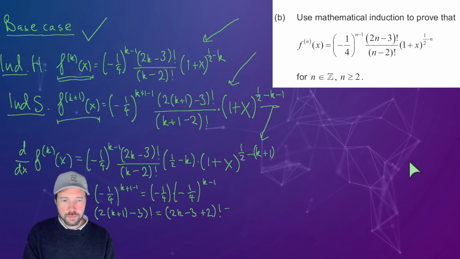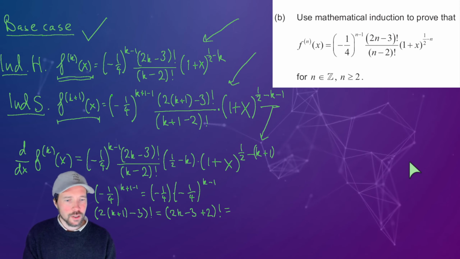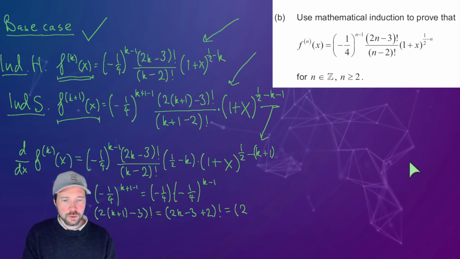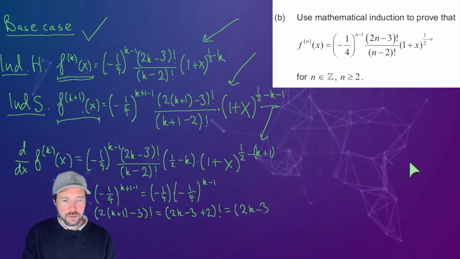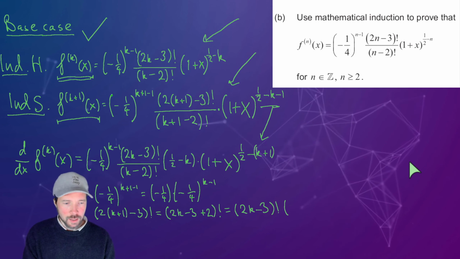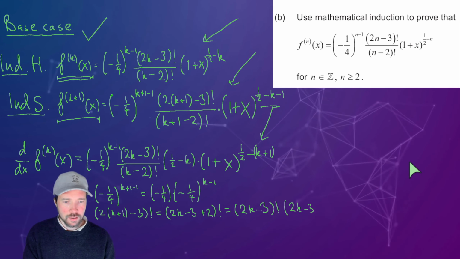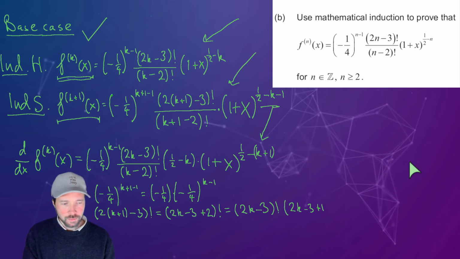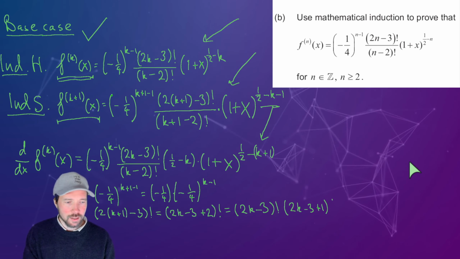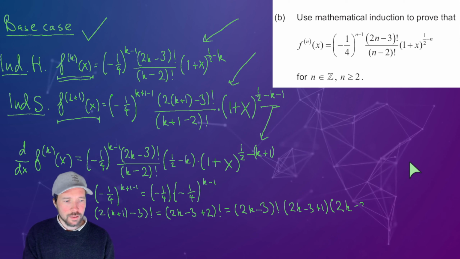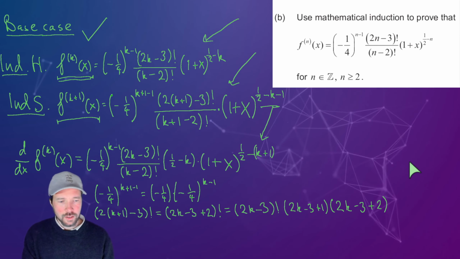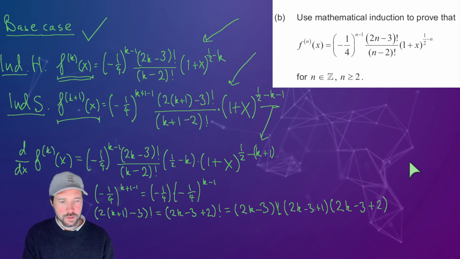So using the factorial rule, which I had before here on the screen, this is equal to 2k minus 3 factorial times 2k minus 3 plus 1, and 2k minus 3 plus 2. That's how you open a factorial.